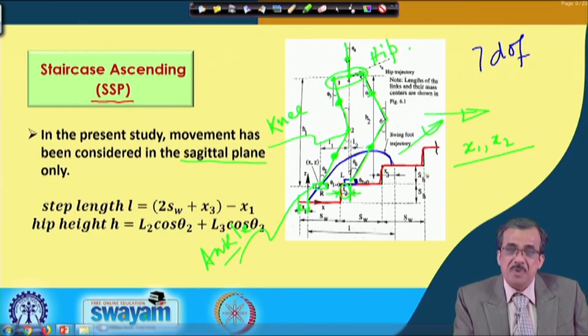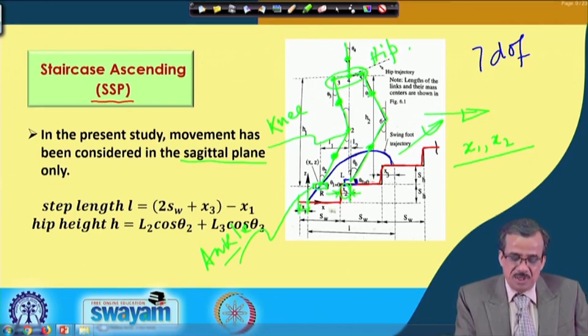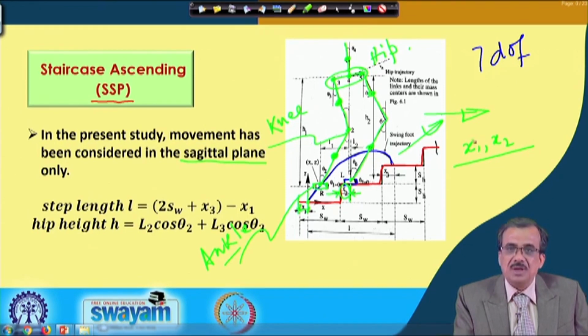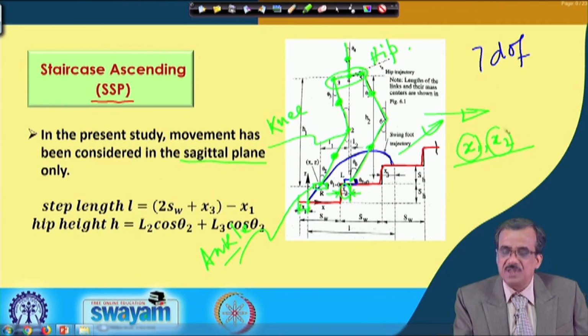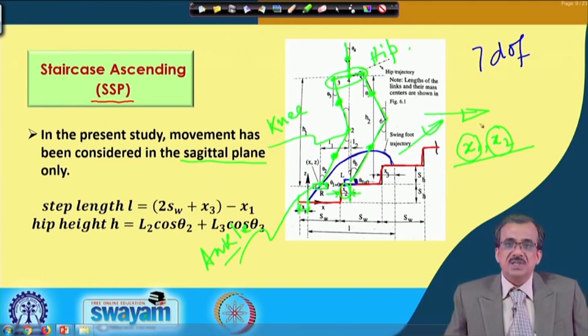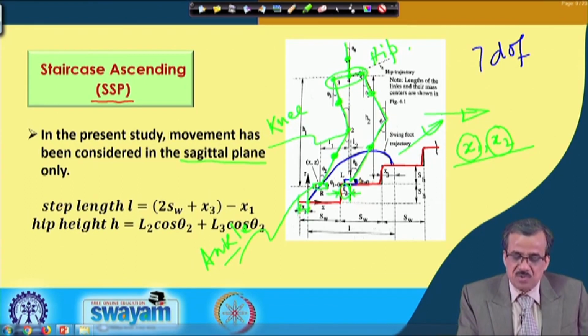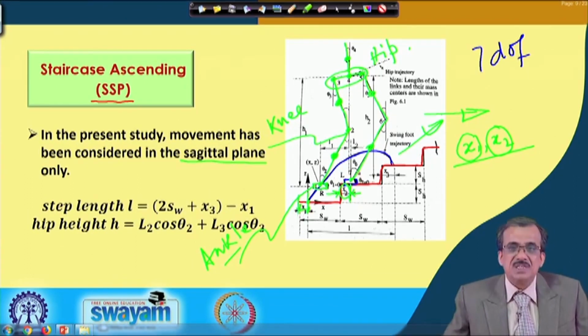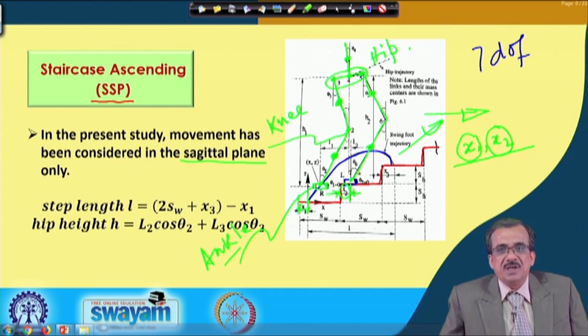And for the same person, if the slope of the staircase is steeper, the same person is going to change x1 and x2. And once we decide x1 and x2 while negotiating the staircase, a few things are determined mathematically.